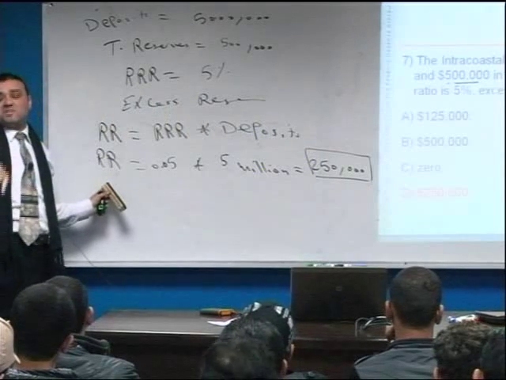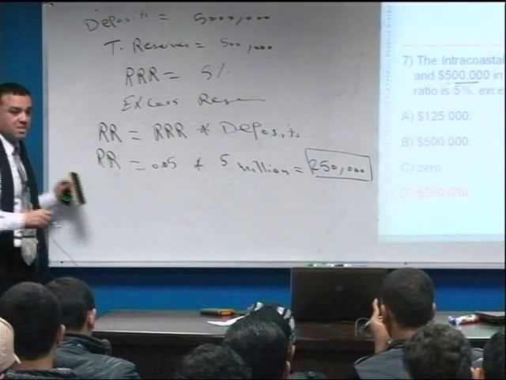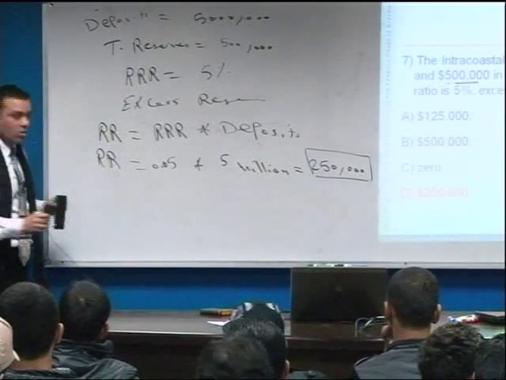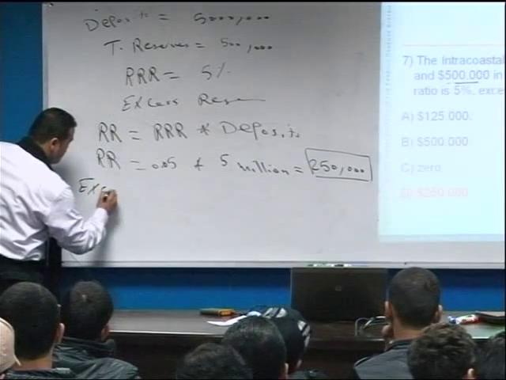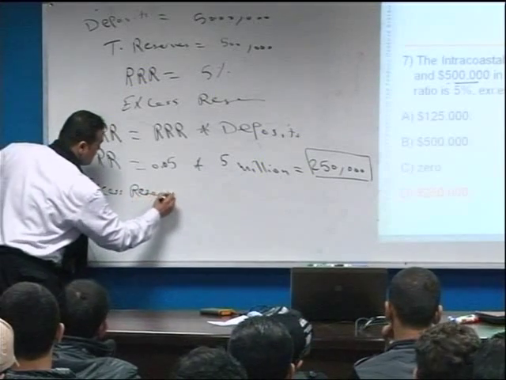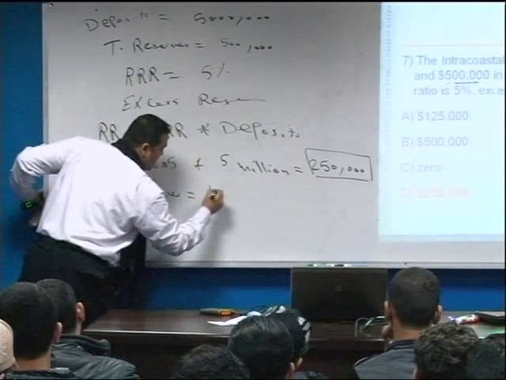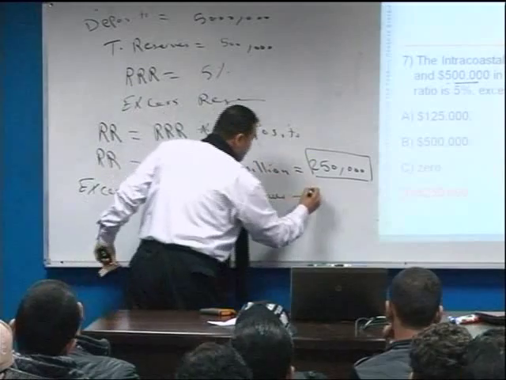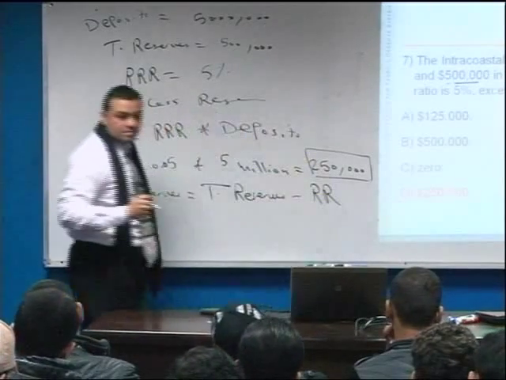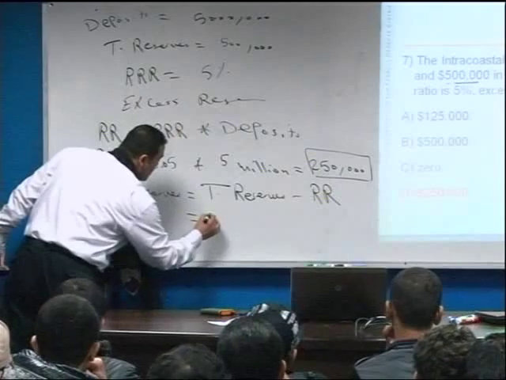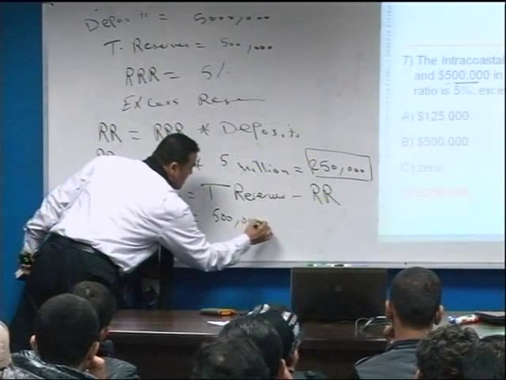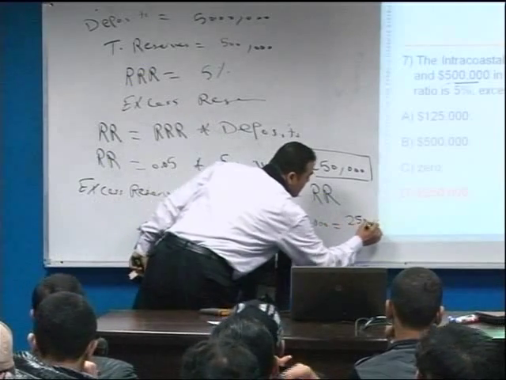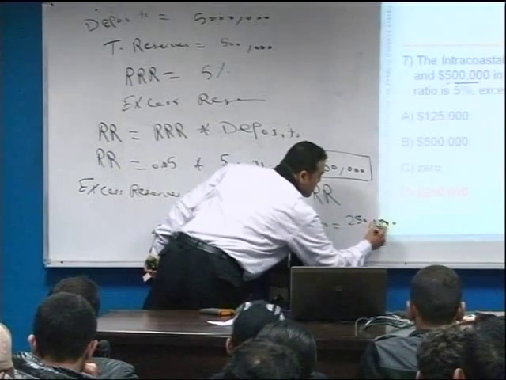Then how much is the excess reserve? Exactly, total reserves minus the required reserves. So the excess reserve equals the total reserves minus the required reserves, equals $500,000 minus $250,000, equals $250,000. That's it.